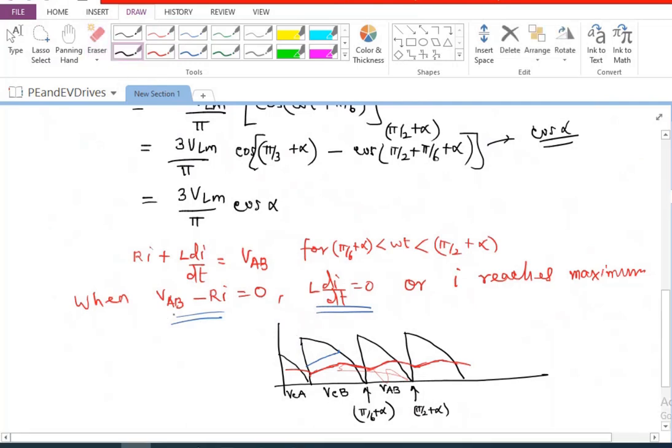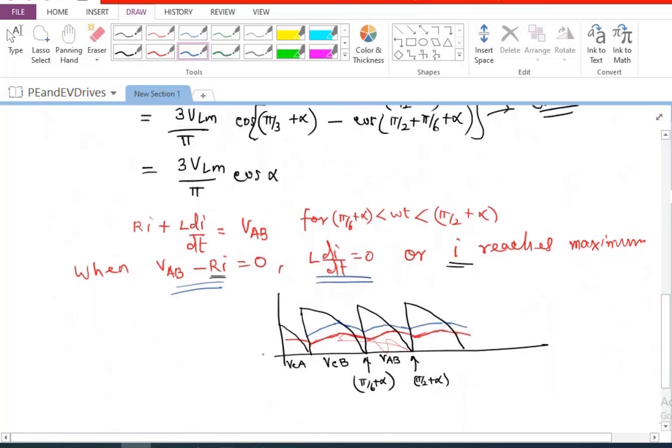When the load voltage is equal to Ri, that is when the current will reach its maximum value, and that's what we have shown. So correspondingly, if I try to plot Ri, I'm going to have something like this. So it is going to increase like this, and this will be Ri.